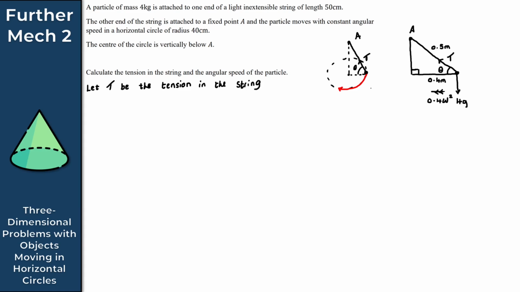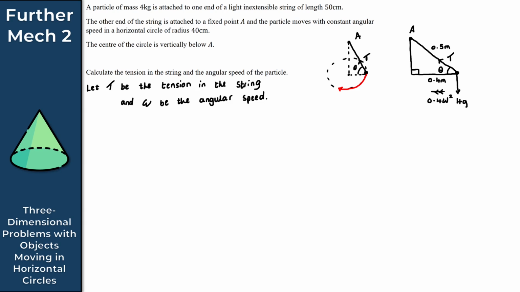And what I'll also do is let omega be the angular speed. Now this symbol here is supposed to be omega. My omega symbols are never the best, but hopefully you can just about follow along there with my writing. Perfect.